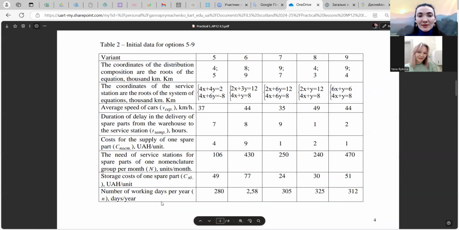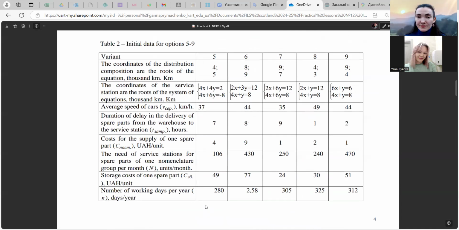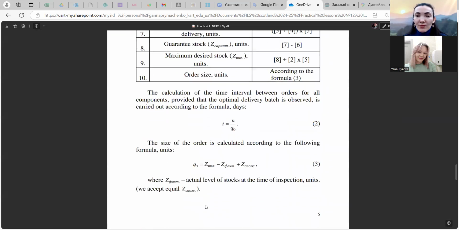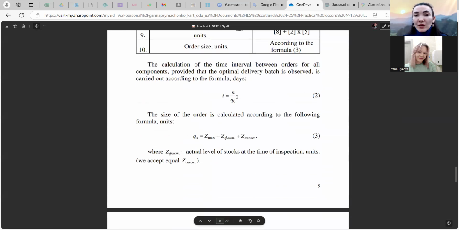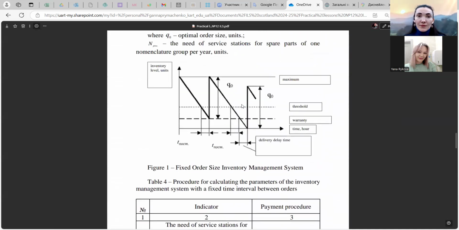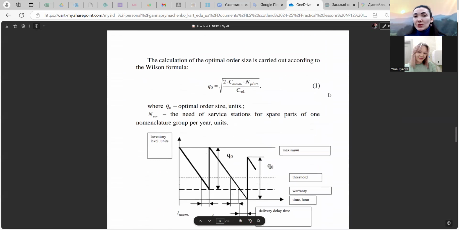Yes, the last line of our table, 258 working days in 1 year. In our numerator we write it, and in our denominator we put Q with index 0. We already found it. It is the result of our formula number 1. I show it now. In our previous table number 3, we wrote it in line number 2.